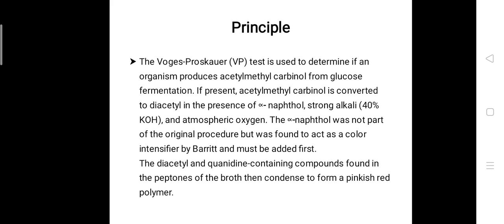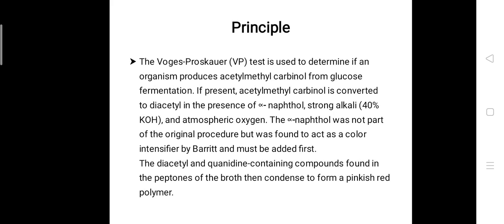When we inoculate the bacteria into glucose phosphate broth, which is used for the MR test as well, the bacteria converts glucose phosphate into pyruvic acid.